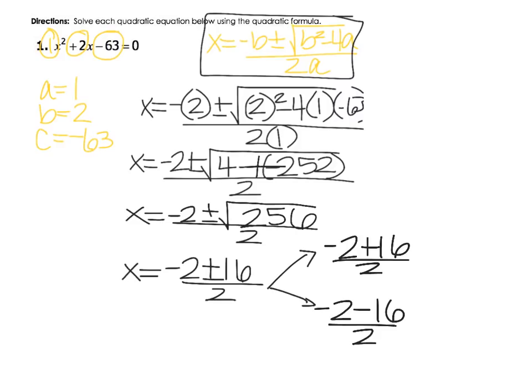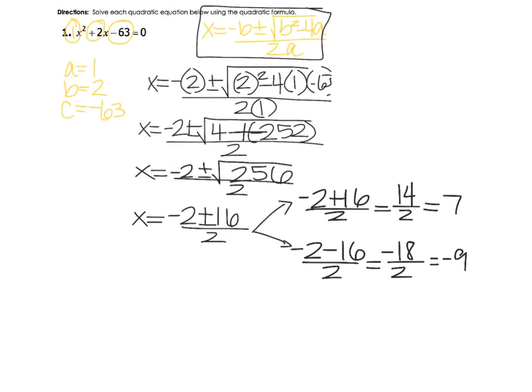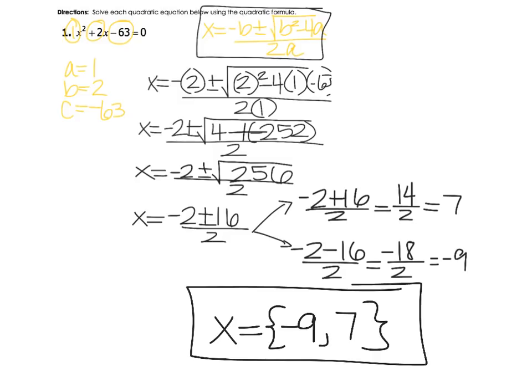So negative 2 plus 16 gives us 14 over 2, which simplifies to 7. This gives us negative 18 over 2, which gives us negative 9. So our two solutions are going to be x equals, we write it in a solution set, negative 9 and positive 7. And we just solved this quadratic equation using the quadratic formula.